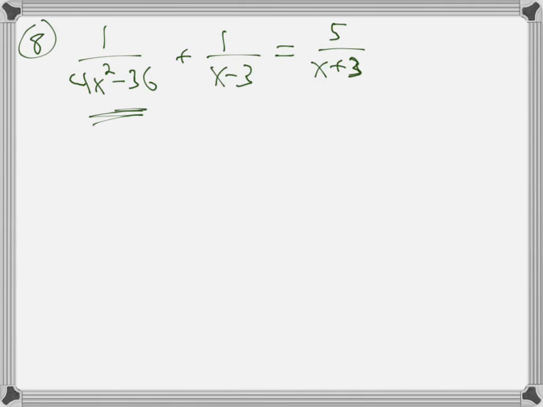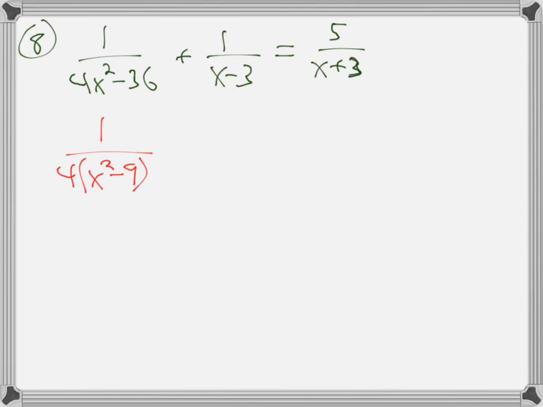First step in factoring him, remember, is GCF. First take out what's in common there. So if we take out a 4, we have x squared minus 9. Is that good so far?